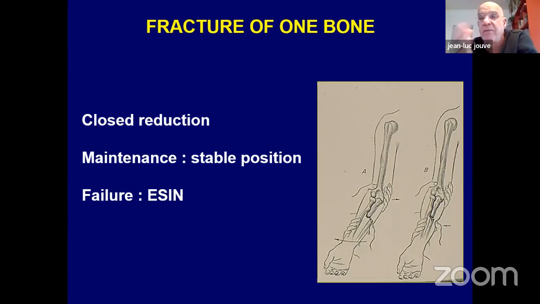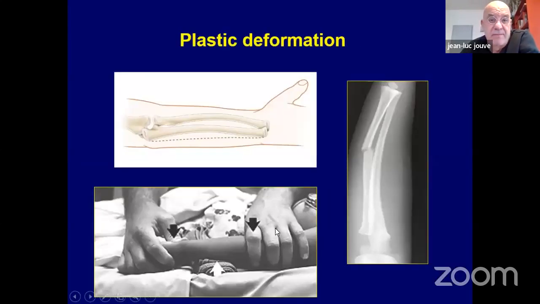And if you have an elastic nail in the bone, you are sure that you have a good position, and the kid can move, and you can wait for consolidation a very, very long time without risk.